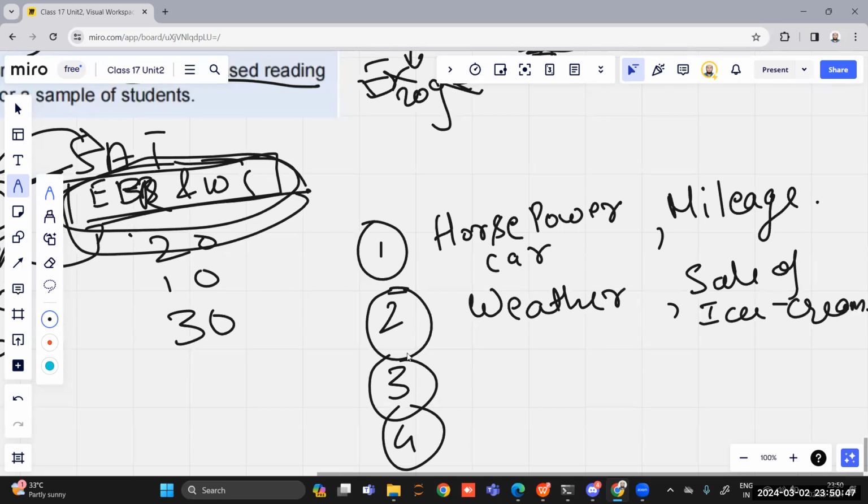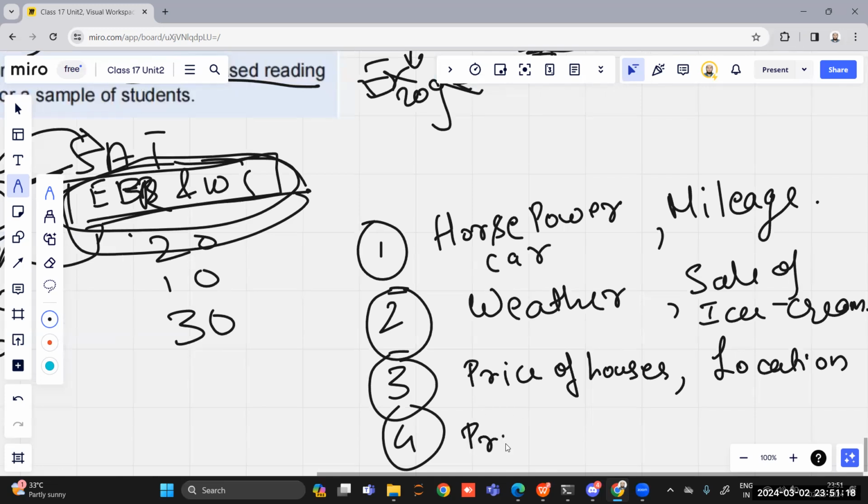Then we can take the price of houses and location. Then we can take the price of car and you can say manufacturer.